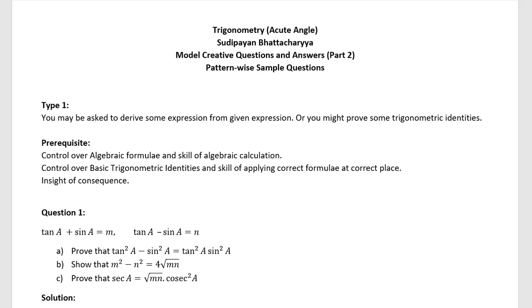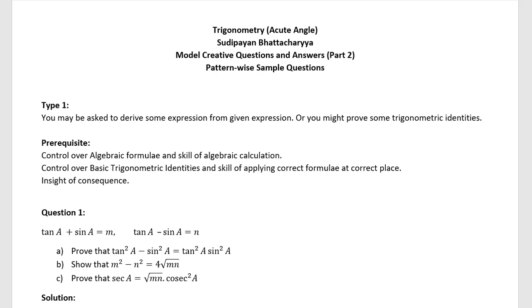Simply solve the problems given in your textbook as exercises, and solve some individual problems based on trigonometry, in higher math trigonometry. And by solving them you will develop this kind of skill which will help you to solve the creative questions.